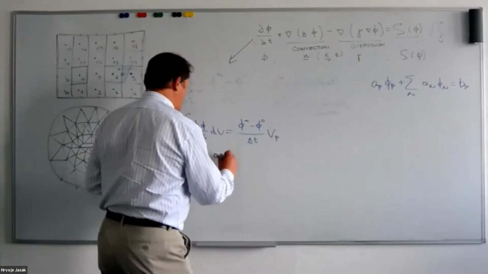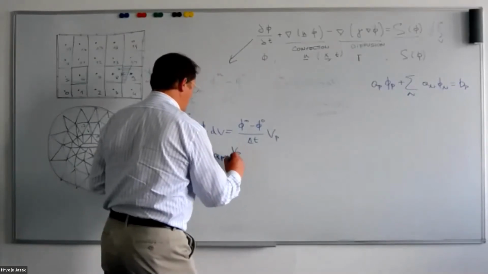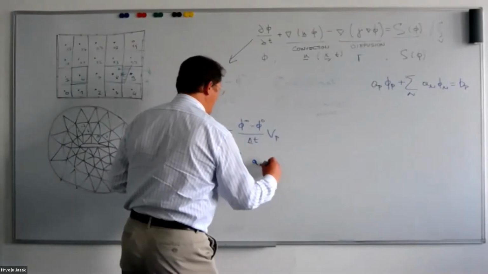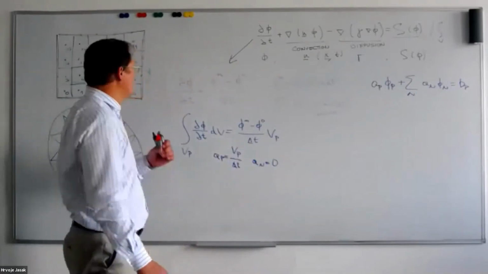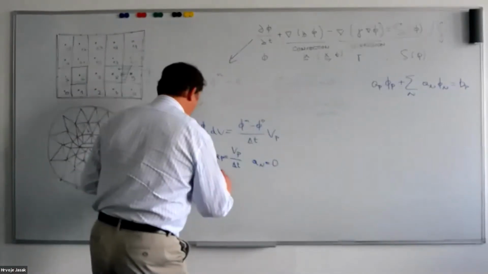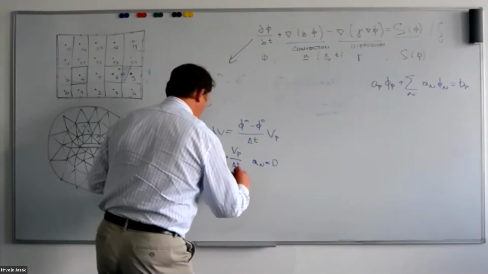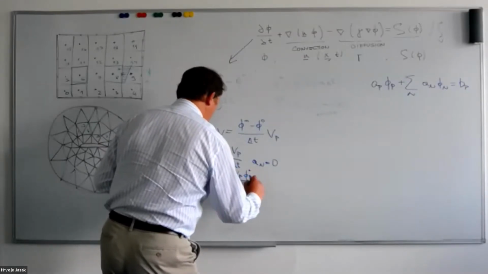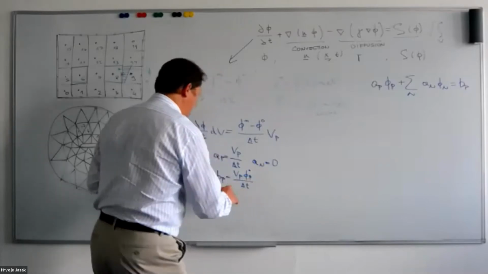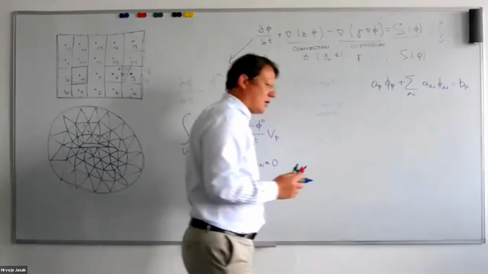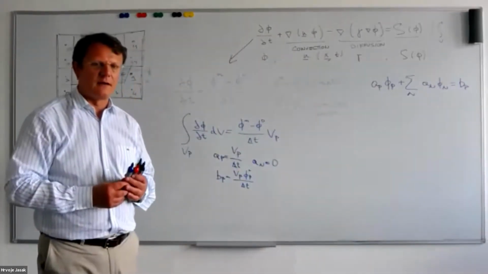So in this case, AP will be Vp over delta t. AN will be 0 because I'm not referring to my neighboring cells. And BP will be Vp phi old at location P over delta t. Note that the sign changes because the term has been moved to the right-hand side.